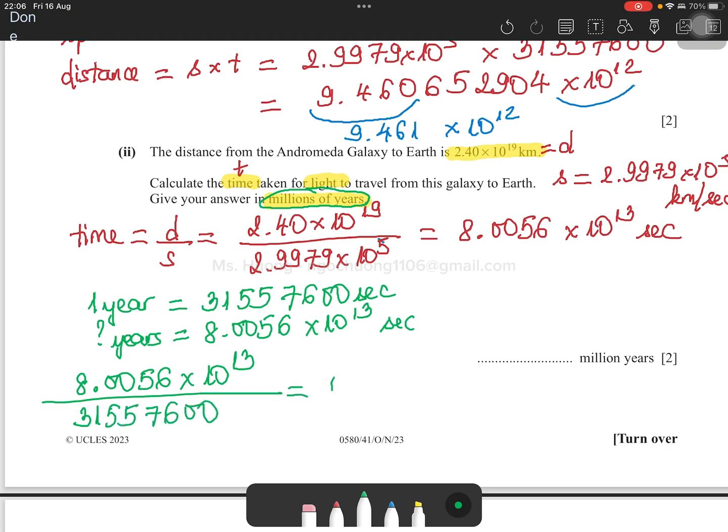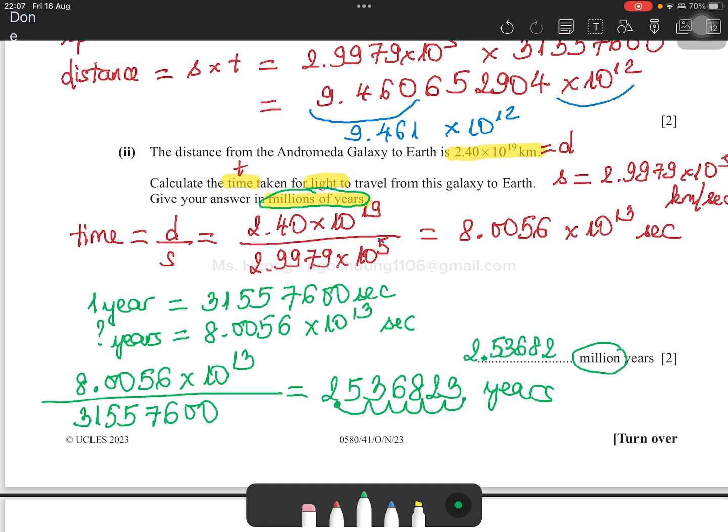And the answer is 2,536,823 years. And we want to write it in millions of years, so I will move the decimal point 1, 2, 3, 4, 5, 6. So it's 2.53683 millions of years. Or if you round it to 3 significant figures, it is 2.54 millions of years.